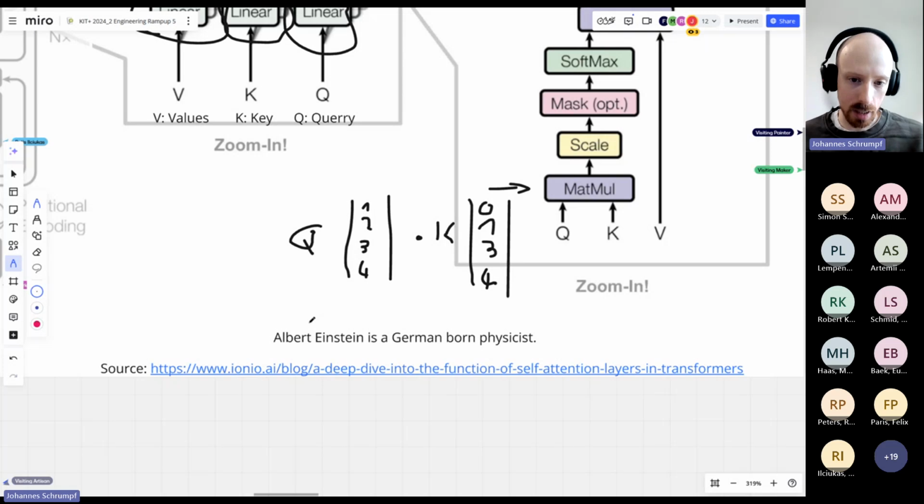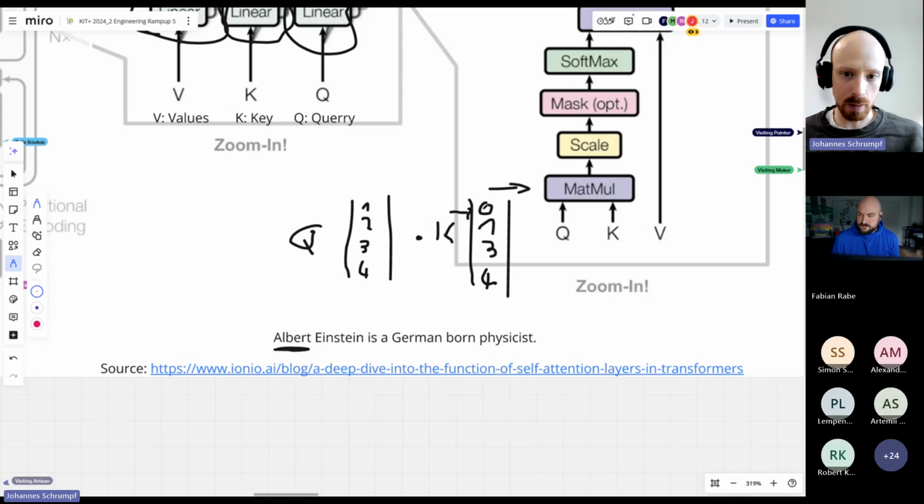And when the scaling gets high in the key, for example, the first one here gets very high. Then it says the word Albert is very important for, and then it gets multiplied with all the different words here in the query. In this case, Albert is not very important for Einstein.